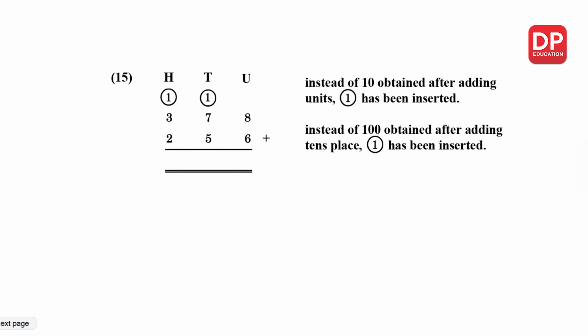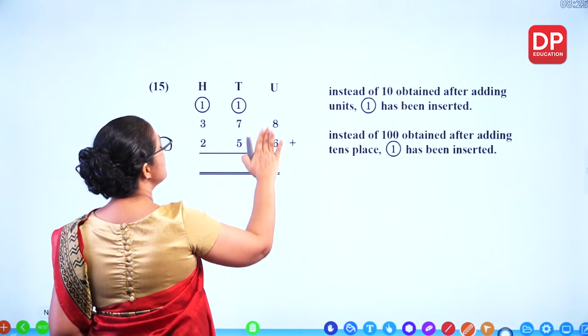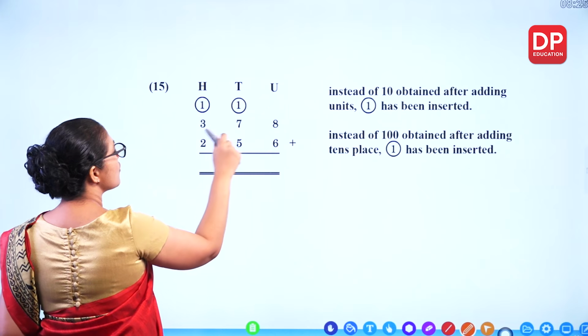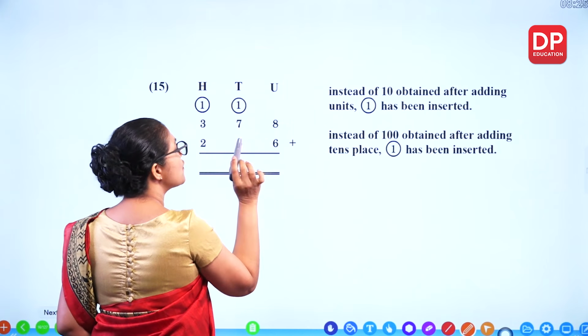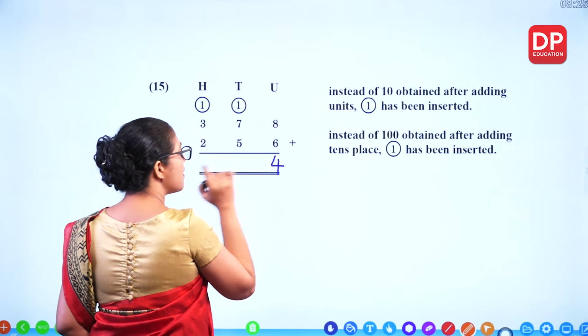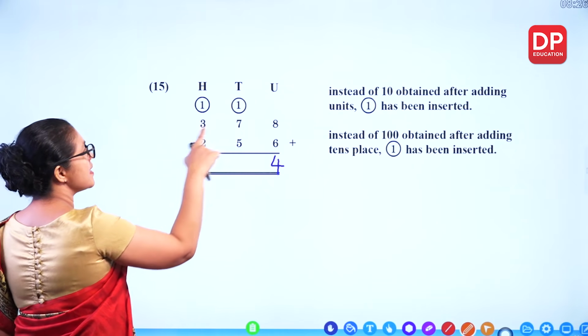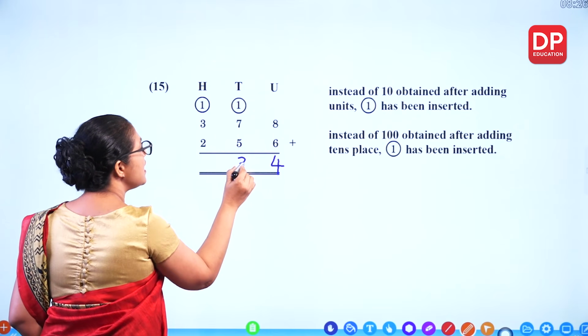Now without writing in a table, you can do the same way. This is units place or ones place, tens place and hundreds place. So 8 plus 6, 14. You write the first ones place digit and take 1 to the tens place. 1 plus 7, 8. 8 plus 5, 13.